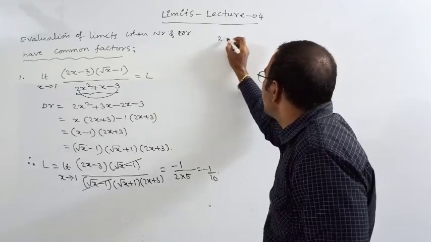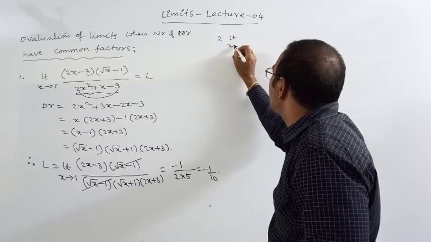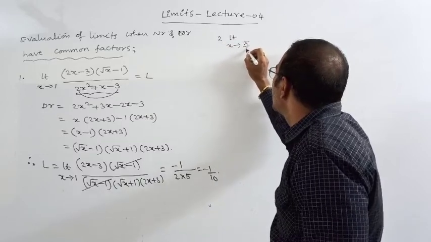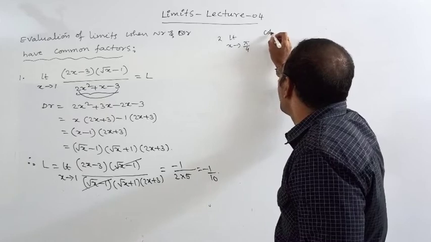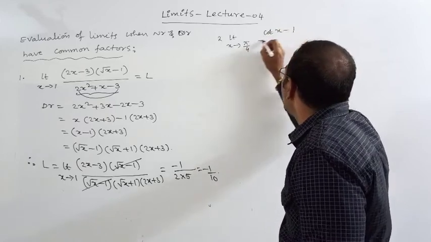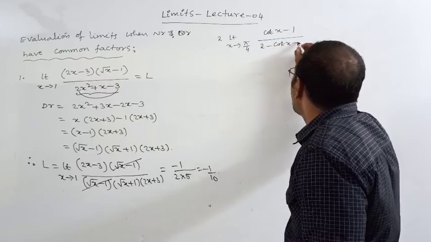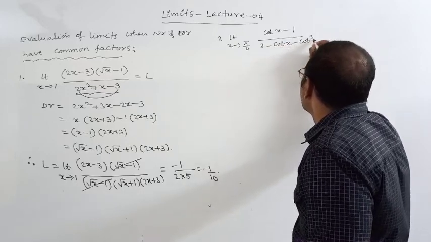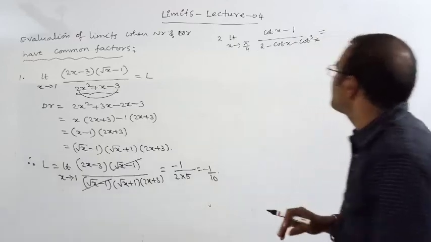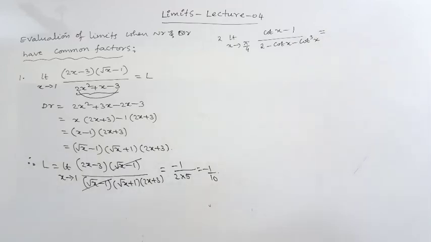Second question is limit x tends to pi by 4, (cot x minus 1) by (2 minus cot x minus cot cube x) equal to. Okay, now you see.